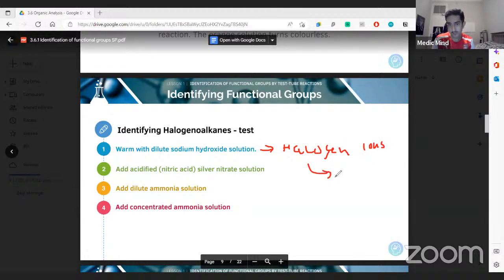Then you add acidified nitric acid and silver nitrate. So you add acidified silver nitrate with nitric acid, and then you add dilute ammonia as well as concentrated ammonia, just to be able to differentiate. But this is the main part of the reaction. This gives you the colored precipitates.